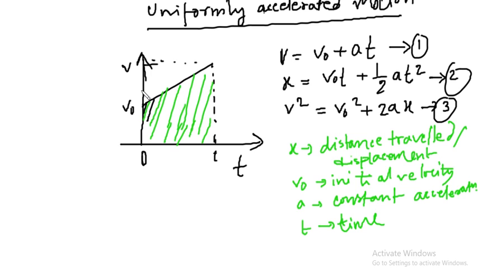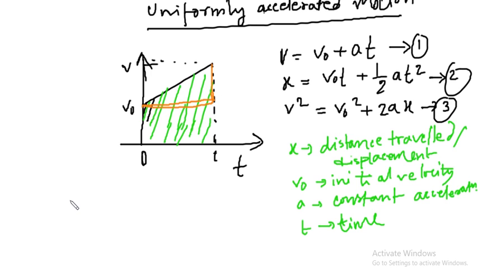So this total area can be divided into two parts. First part is like this one, this triangle, and the area of this rectangle. If we add these two areas, we will get total area. So what is the area of this triangle?